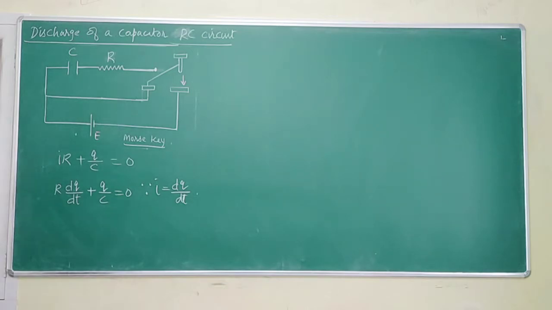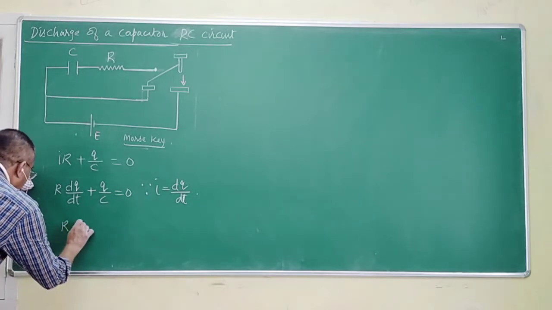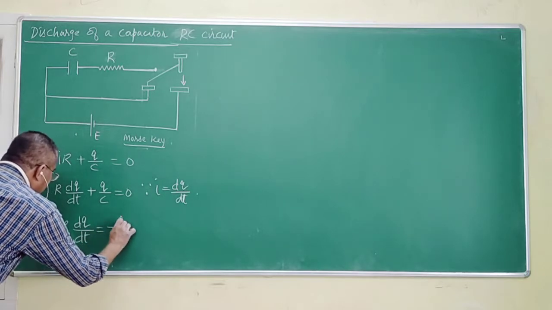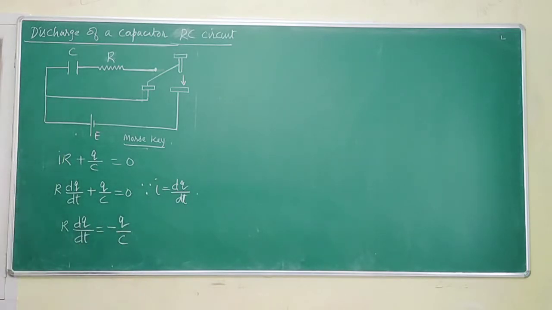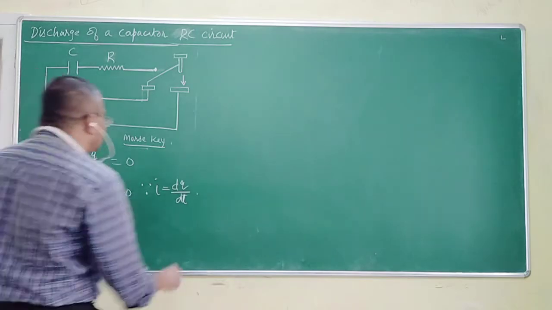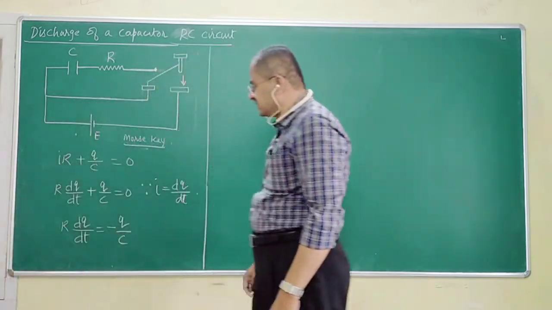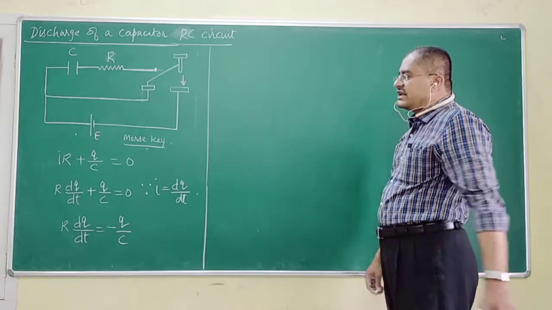I can rearrange this as R dQ by dt is equal to minus Q by C. No harm writing this, exactly the same as what I discussed in charging. Okay, sir, I have to rearrange this.